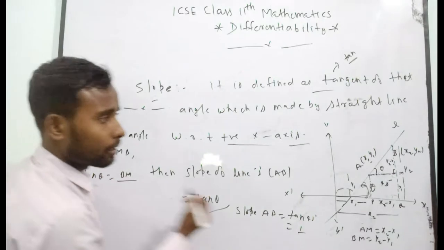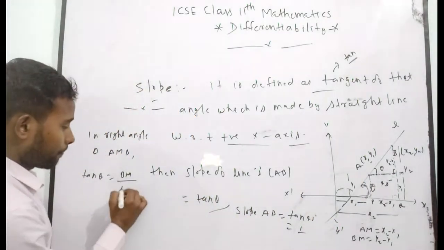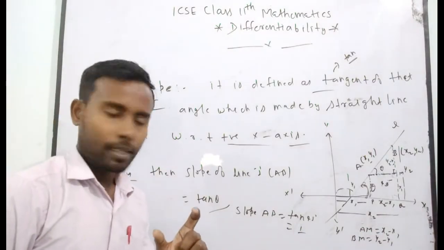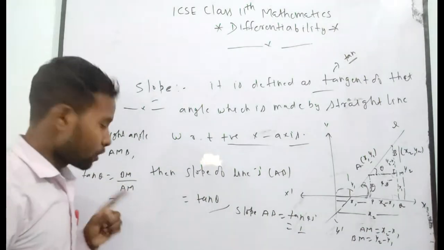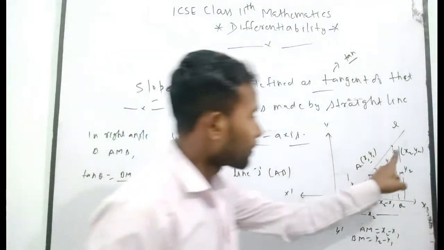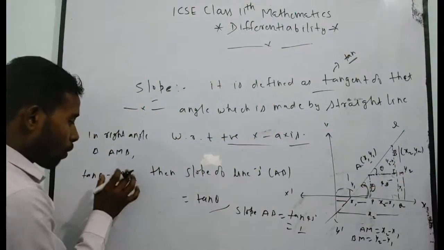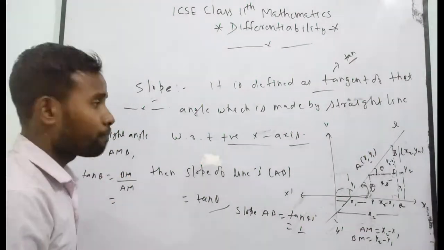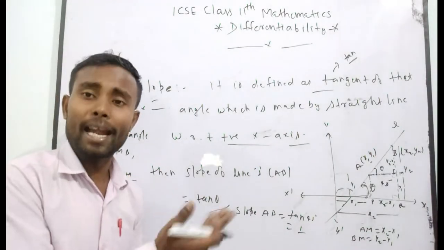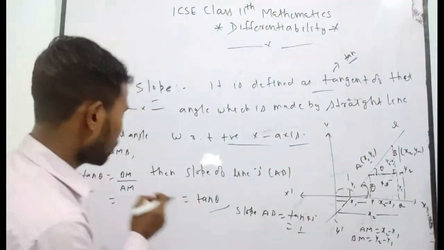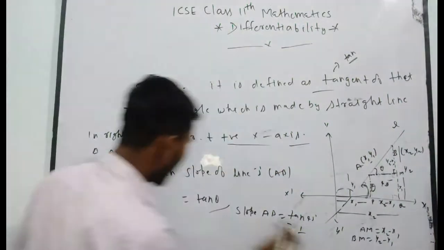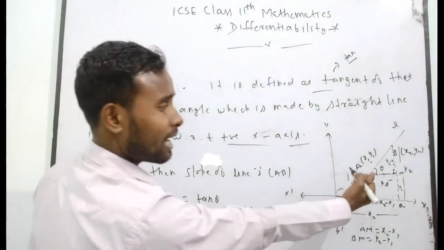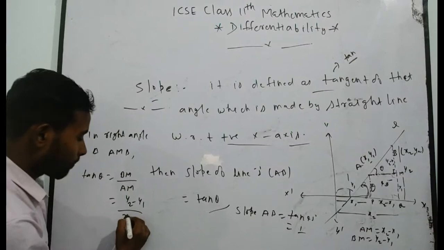Because tangent is perpendicular by base. So tan theta is equal to BM by AM. Now if you want to express the lengths BM and AM in terms of abscissa and ordinate, what can you say about BM? BM is equal to y2 minus y1, divided by AM. What is AM? Here AM is equal to x2 minus x1.